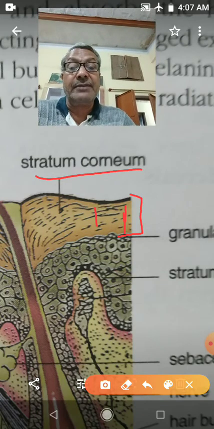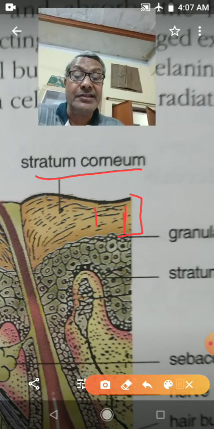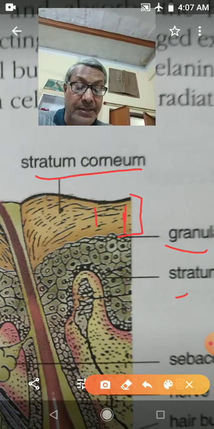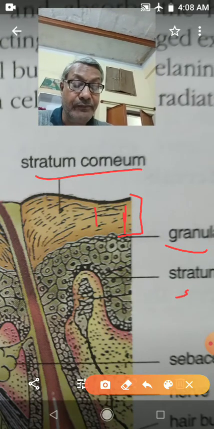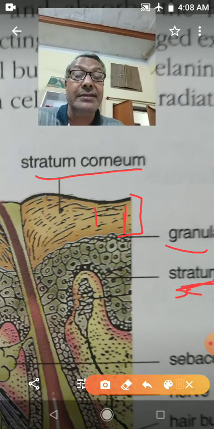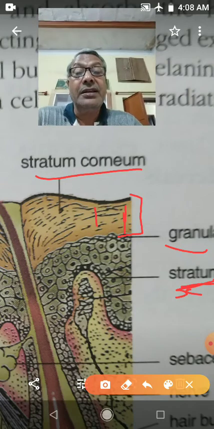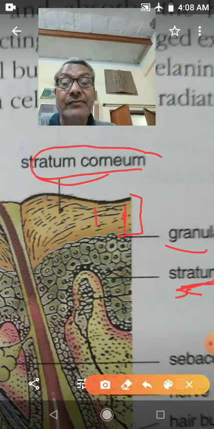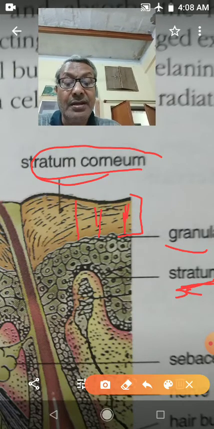First is stratum corneum, second is granular layer, and third one is stratum of Malpighi or germinative layer. These are the three layers. In that, the first layer is the stratum corneum.